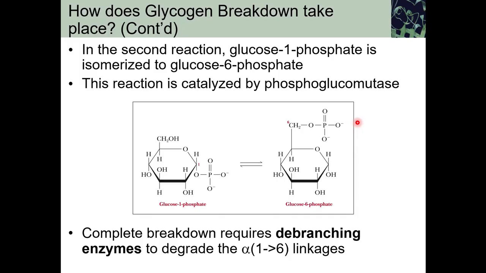Now, I want you to notice that this reaction does not entail the consumption of ATP, because remember, in normal glycolysis, glucose is converted into glucose 6-phosphate via a coupled reaction with ATP, or adenosine triphosphate.